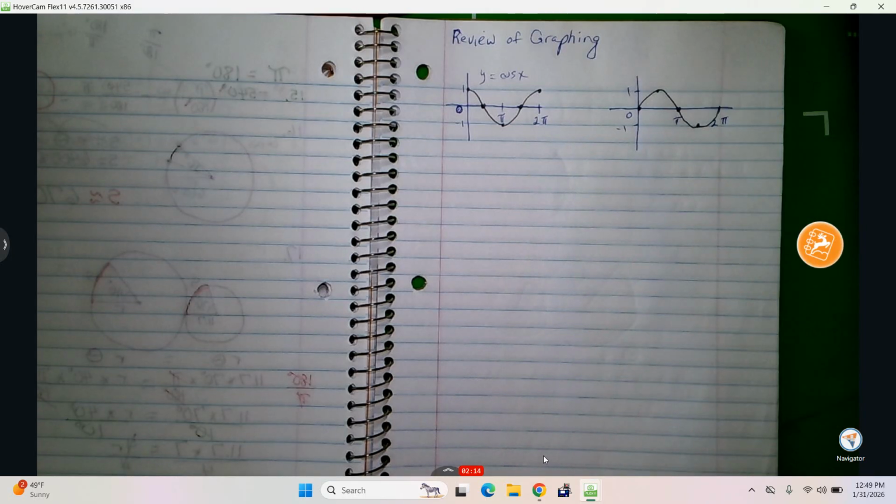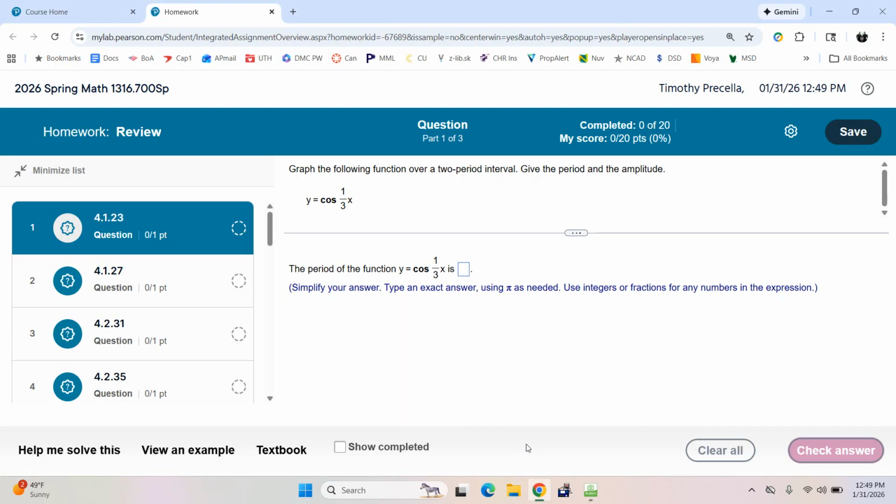Both of these do. So on this first one we're doing y equals cosine 1/3 x. It says find the period of this function.